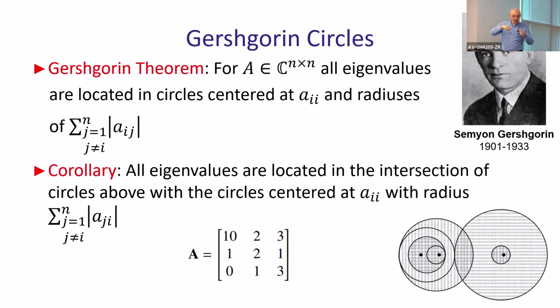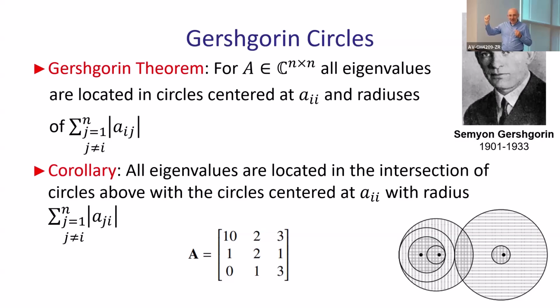They could be complex, so they don't have to be on the real axis. But for real matrices, they will all be on the real axis. This will be just numbers, right? Main diagonal values will be the middle point of your circle, the center point. All right, so far, diagonal values are the center points of your circles.